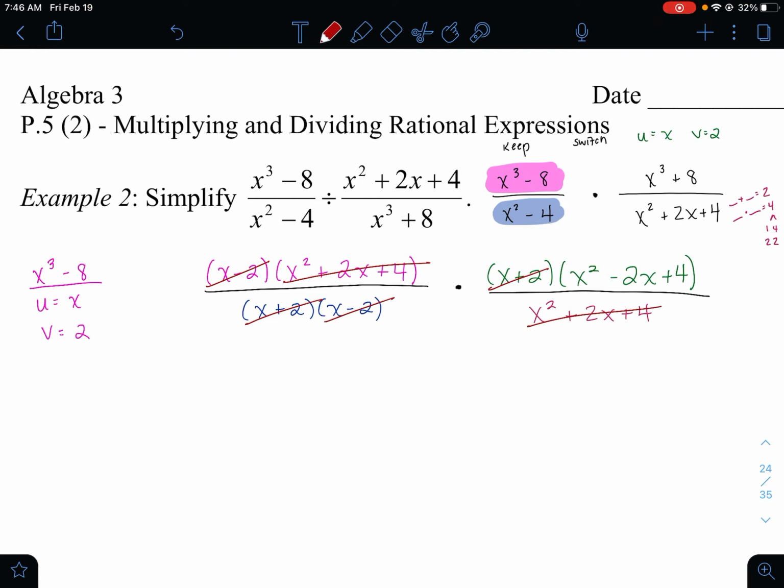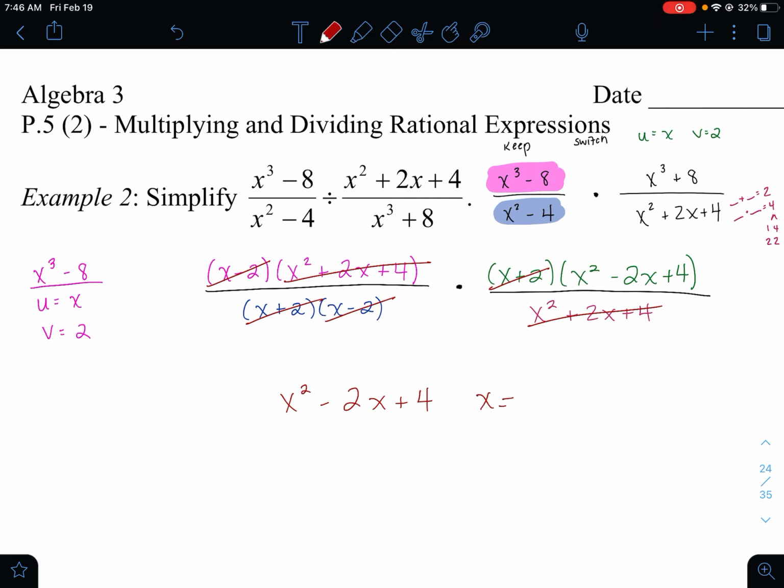We could go through, do quadratic formula to find the values, so it looks like everything canceled except for my x squared minus 2x plus 4. Now we do need to remember that x cannot equal positive or negative 2.